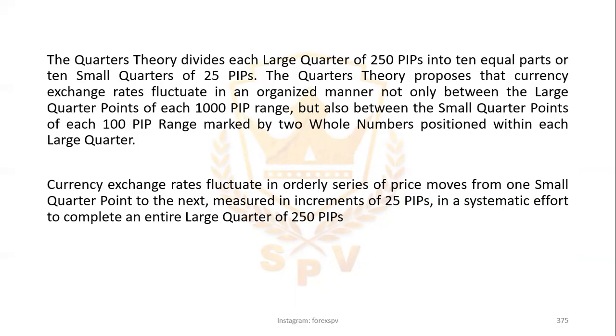FX rates would fluctuate in a series of small quarter points, moving from one small quarter point to the next. And you would see this in lower time frames, like the 15 minute or the hour time frame, as price moves from 25 pips to the next.